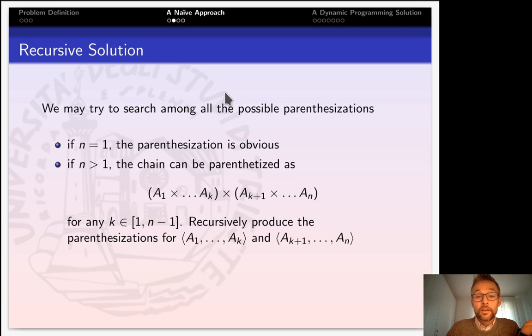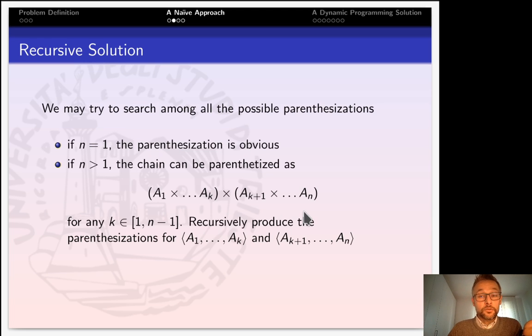Now, if n is greater than 1, we can parenthesize the chain as we are seeing in the slides for every k. So for every k between 1 and n minus 1, we can decide that all the matrices between 1 and k should be placed in the same parentheses, and all the matrices from k plus 1 to n should be placed in the same parentheses.